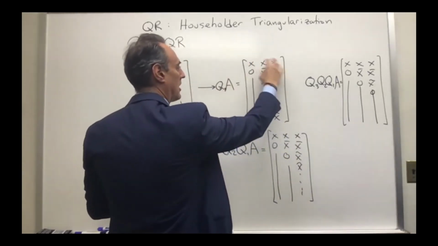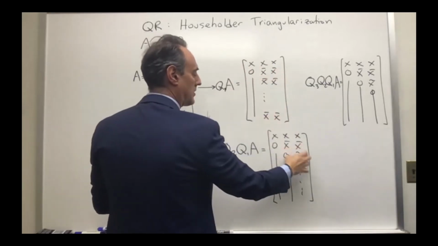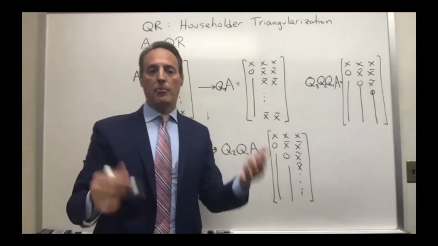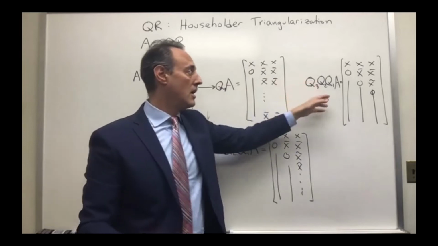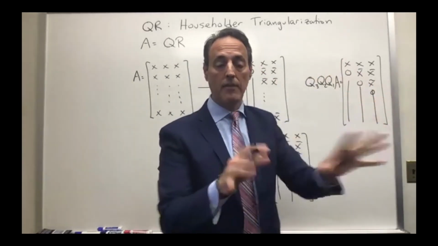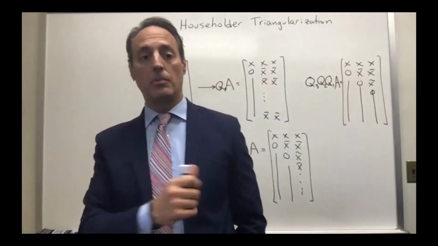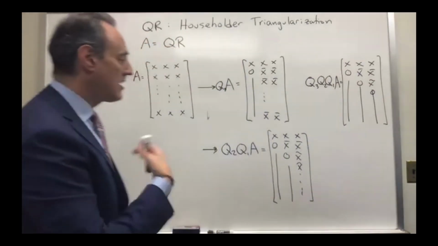The next thing is going to leave everything alone except for these two columns. Next one's going to only work on these columns. So I want to leave the previous work alone. In other words, when I multiply by this Q matrix, don't mess up what I've already done. Leave that alone. Just work on the little piece that we need to do, which is add the zeros below that. Okay? So that's going to be the goal.